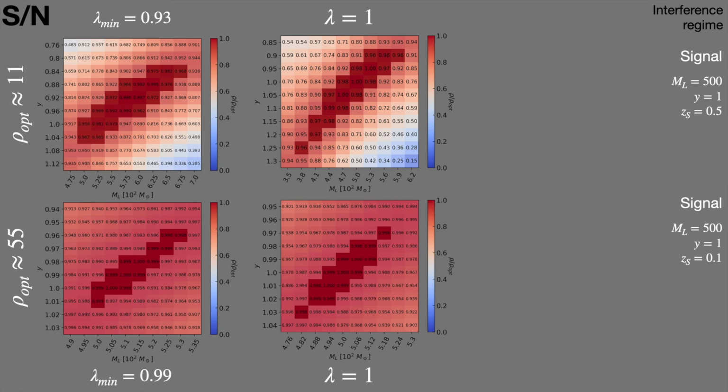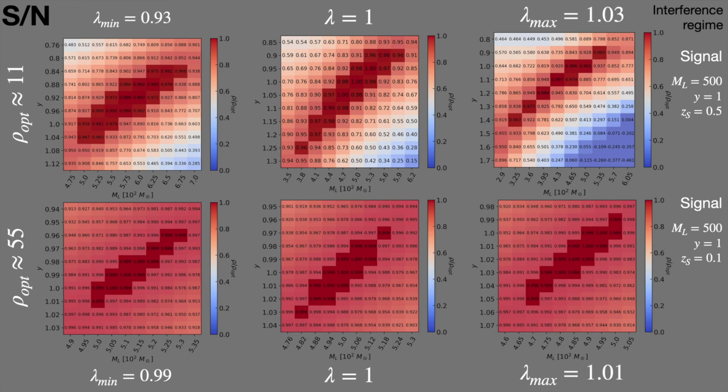So basically, what we are saying here is that we are misinterpreting a transformed template with the original signal. Then we do the same and we find the maximum lambda for which we still have the degeneracy. So eventually, doing like this, we can set the actual boundaries in the y and m of L parameters.